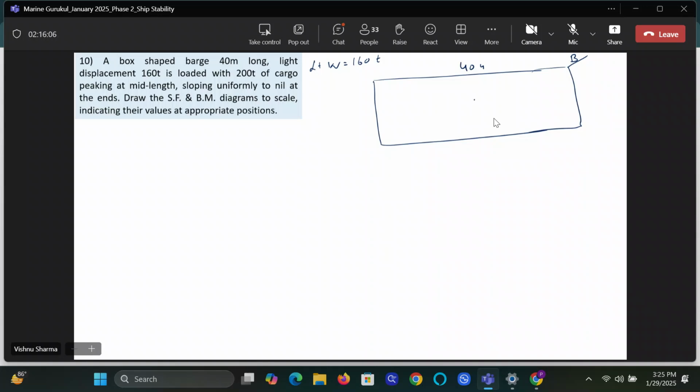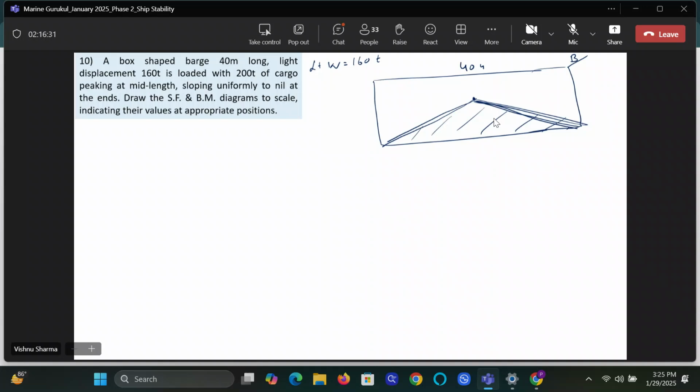That means it has the maximum height at the mid-length, and sloping uniformly, that means in a straight line, to 0 at the ends. That means the cargo is like this, correct, beta? Am I right, guys? Does everybody agree? Correct, class?